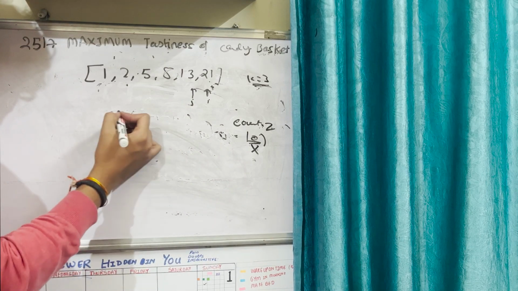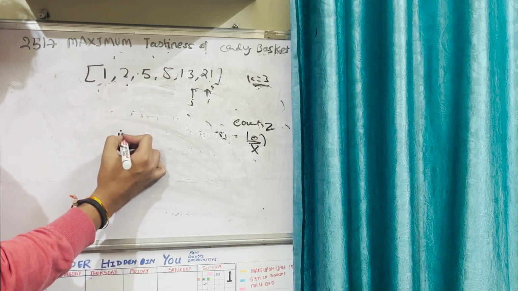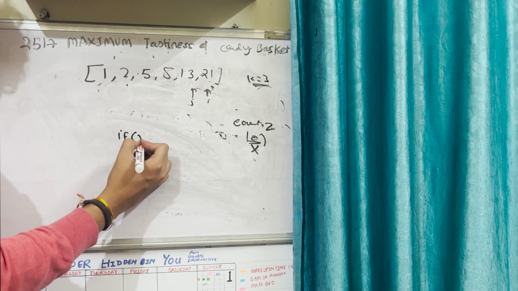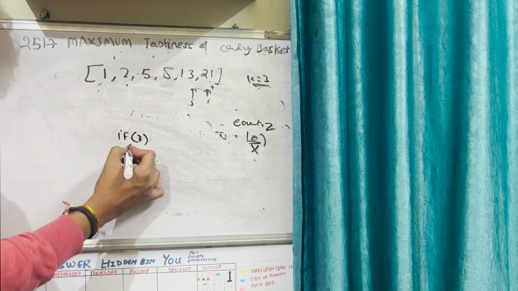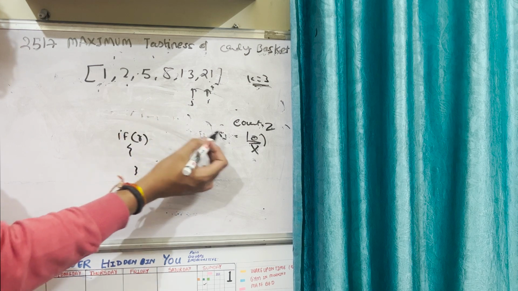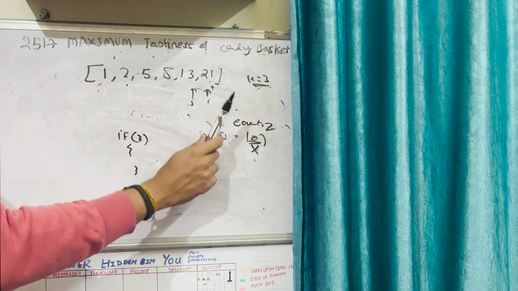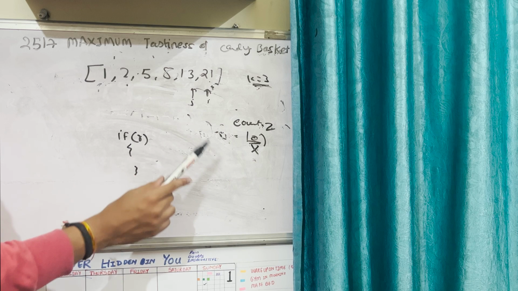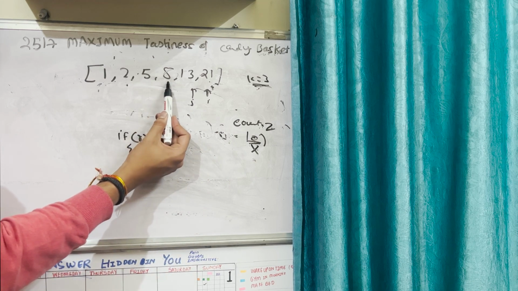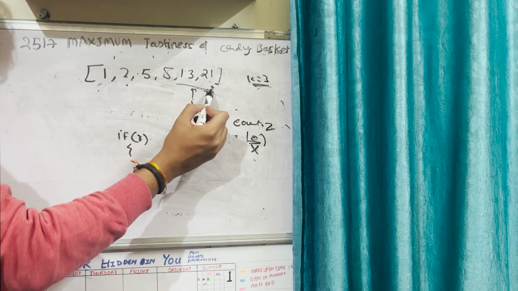So the function that I just wrote returns some value. If the value returned is true, yes, it is possible to make using k values. If it is true, that means we will look for any higher value. Why higher?